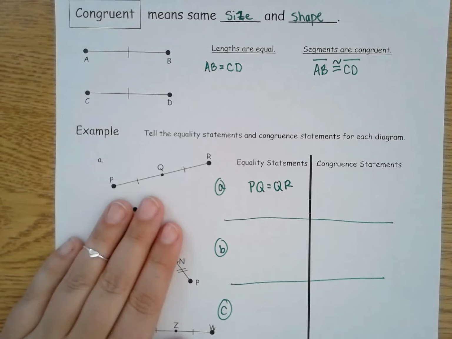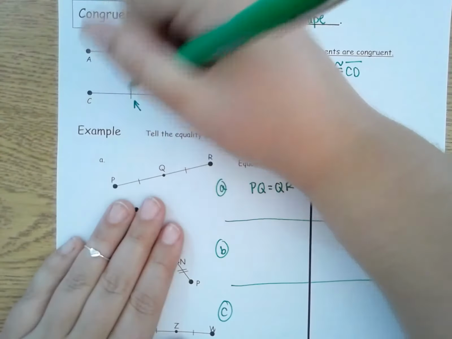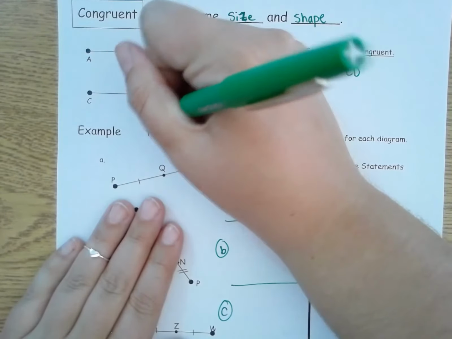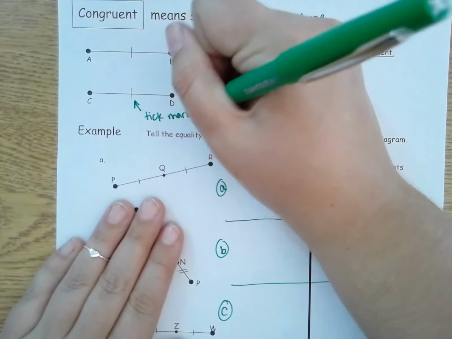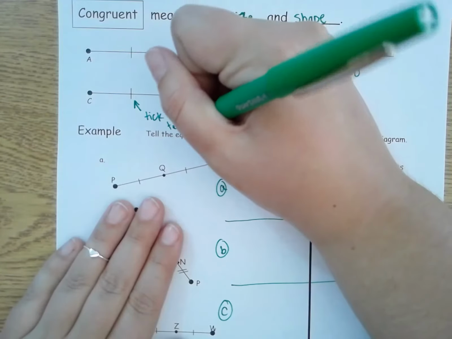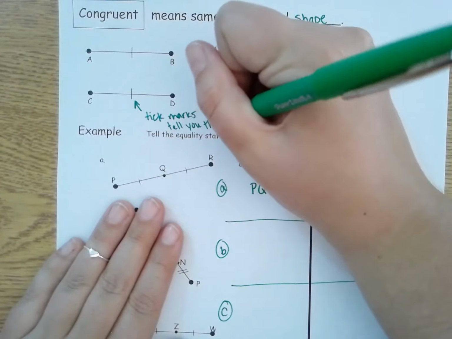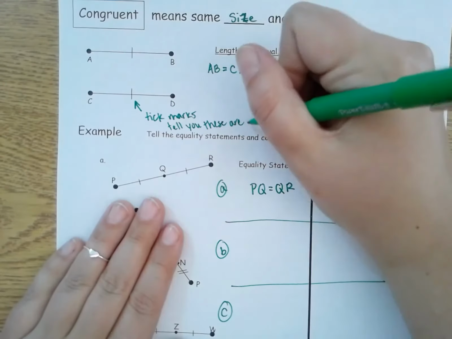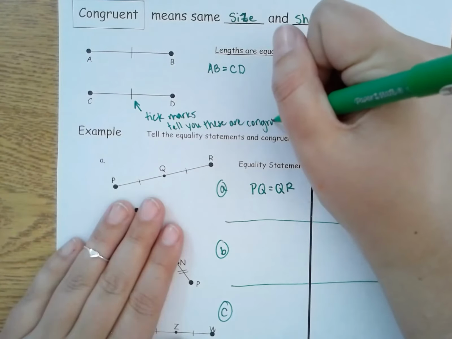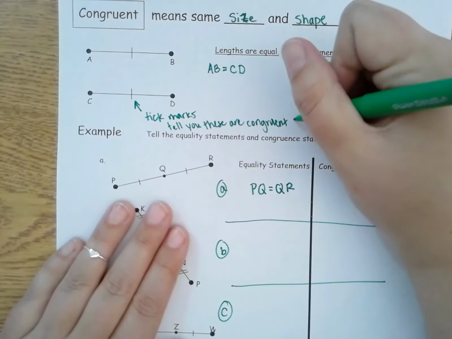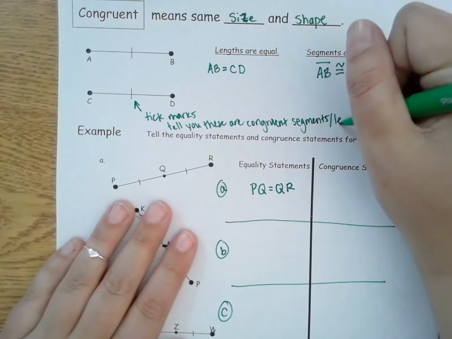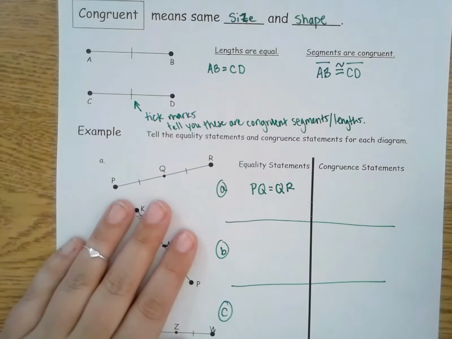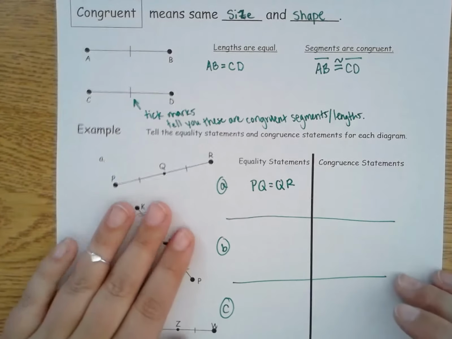So tick marks denote equality, or congruence. Tick marks is what you call those.